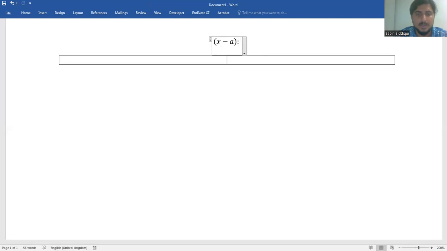This means that x is a point and I am considering its horizontal distance from A. Similarly, x is a variable point and x minus A will mean that.